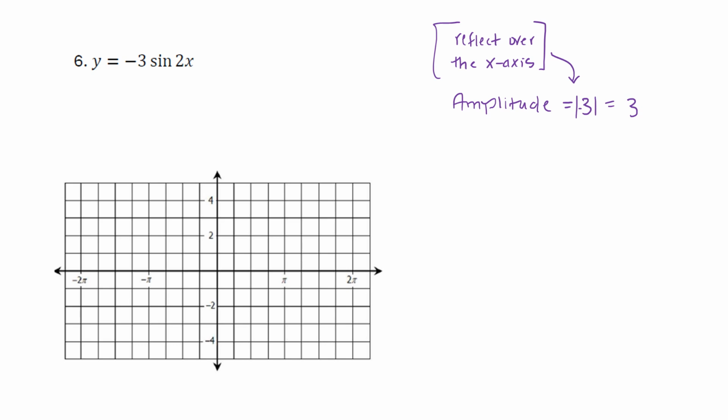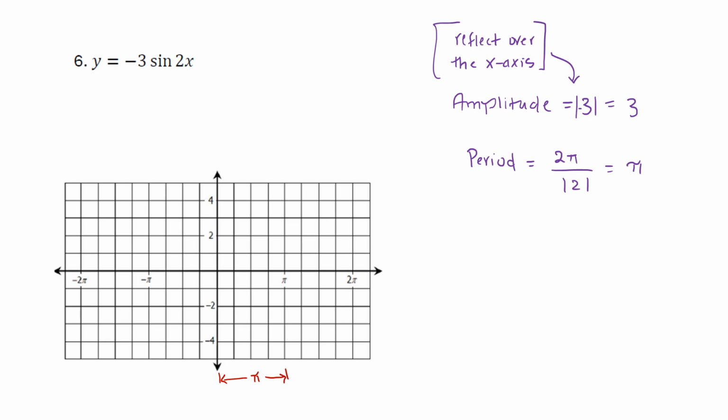Okay. The period equals 2 pi divided by the absolute value of b, which is 2. So our period is pi. Okay. So we will complete a full cycle within pi.